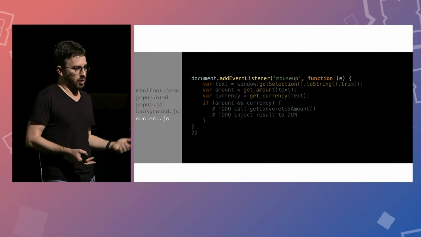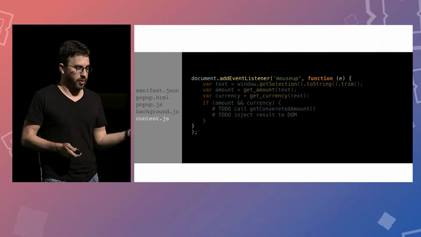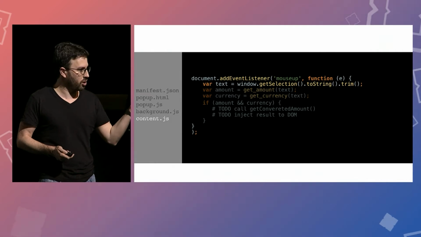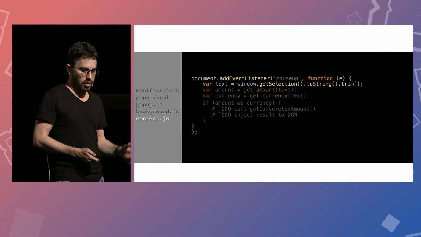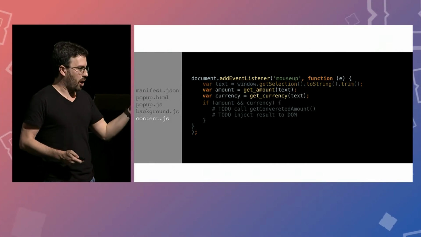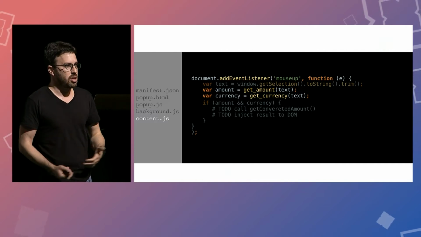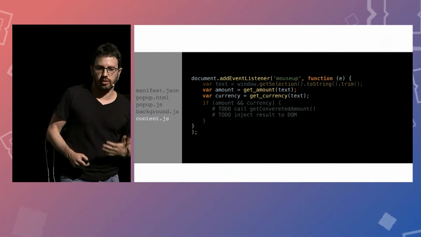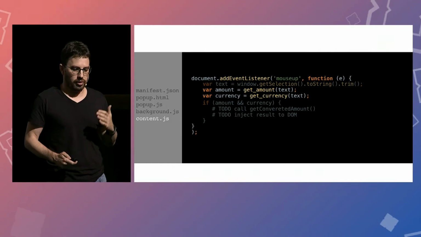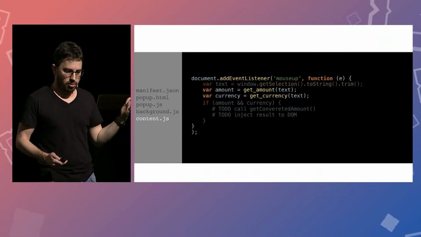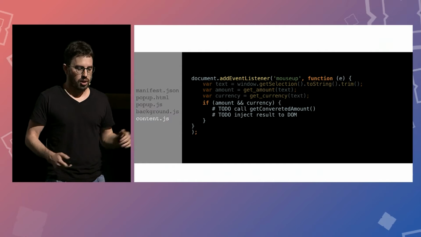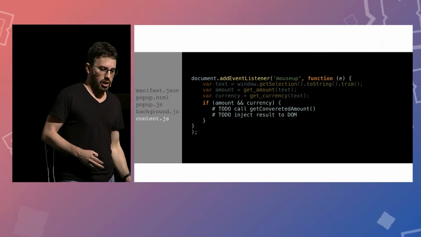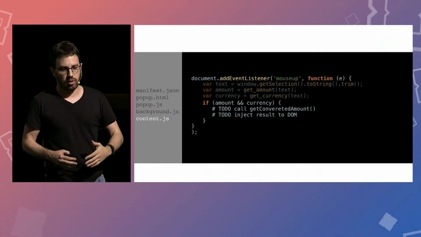Every time the user clicks the mouse, we get this event. We take the selection from the window, what the user selects. Then we parse out the amount and the currency. And once we have the amount and the currency, the next thing we want to do is call our conversion function and inject the result back to the DOM.